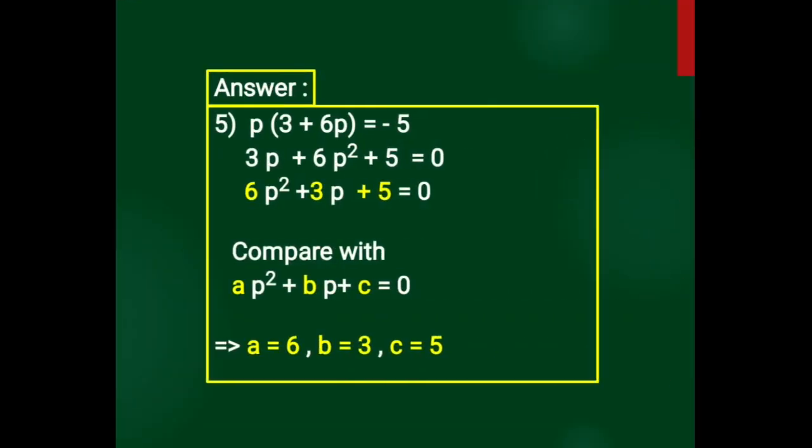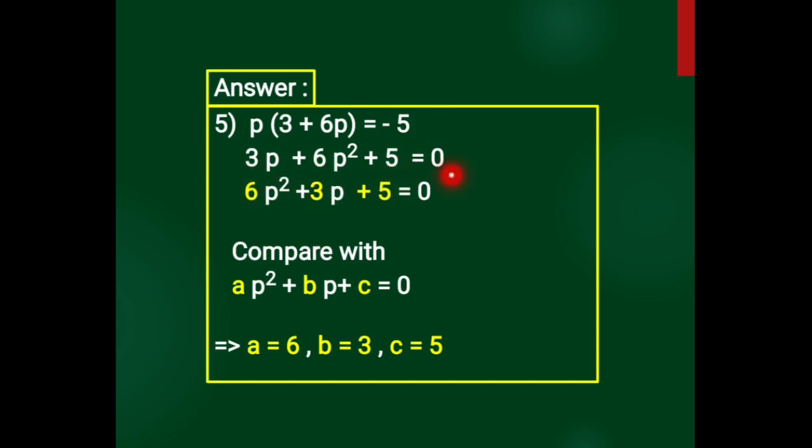Now see question number 5th. In this problem, we have to multiply by p the bracket in the LHS. So we multiply by p this bracket. So after multiplying p into 3, we write 3p, p into 6p, so we write 6p square, and after transferring this minus 5 to the left hand side, we get plus 5.